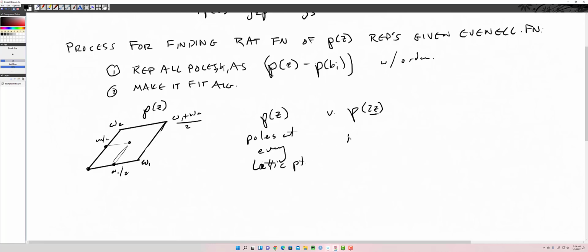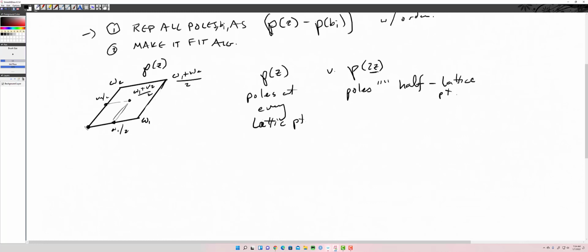So it's going to have poles at every half lattice point. So if I start with this, I'm going to have a pole at omega 1 over 2, a pole at omega 2 over 2, omega 1 plus omega 2 over 2. So I could start by writing this, and I could even put P of z down here, but I don't think I need to, and I'll show you why.